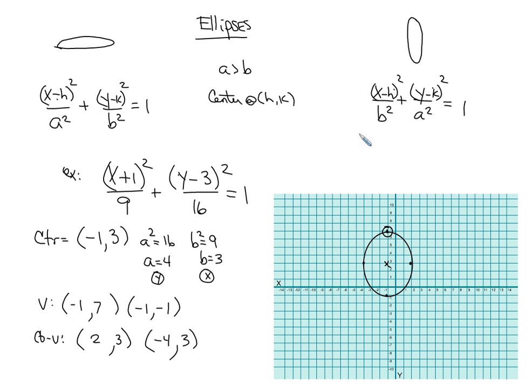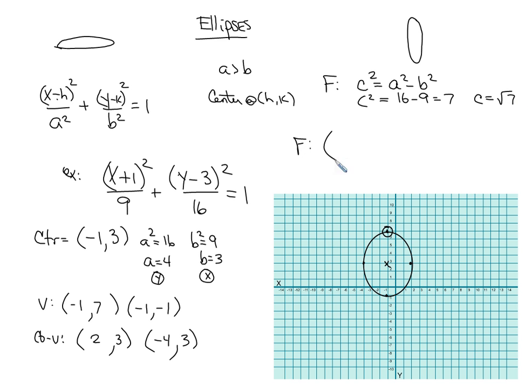Okay? What about the foci? Well, for the foci, we know that c squared is equal to what? Good. a squared minus b squared, because that's a plus. So that's going to be equal to a squared 16 minus b squared 9 is 7. So c equals the square root of 7.